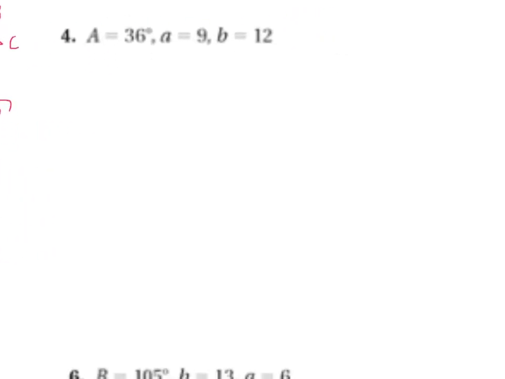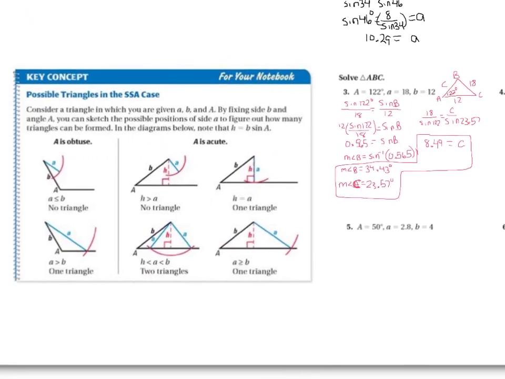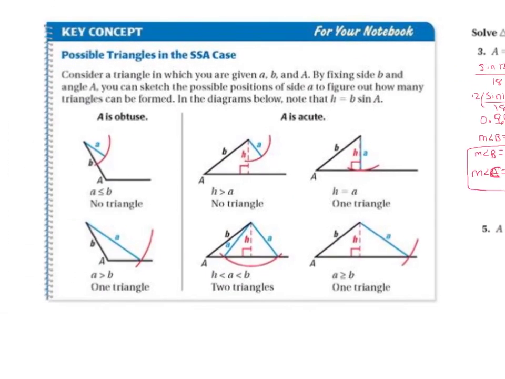Okay. Now, this is where we have to be careful. See how you're given an acute angle? That means there could be two triangles. So let's watch what happens. Now, you can look back and read through this. This is one way of trying to figure out if there's two triangles, one triangle, or none.